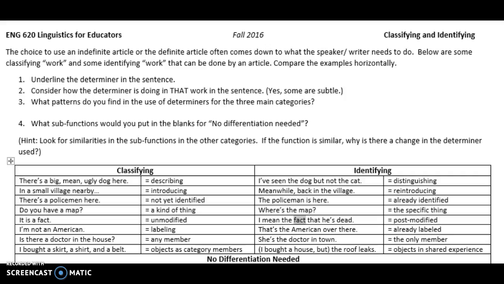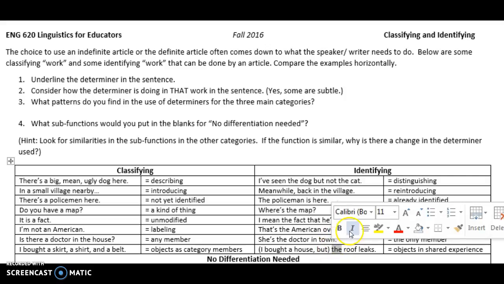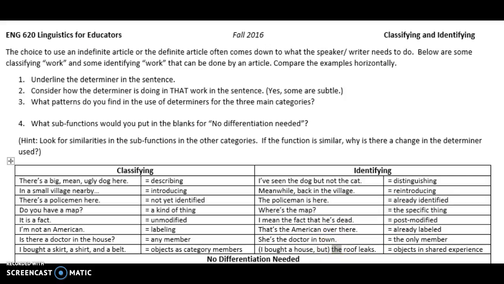Let's look at this example here. I bought a house, but we're not talking about that particular clause, but the roof leaks. So in this case, if we say the roof leaks, the explanation here by Yule is that it's an object in shared experience. What do I mean? Well, I said that I bought a house, and that might be any member of that category.